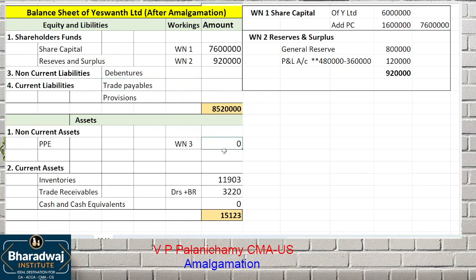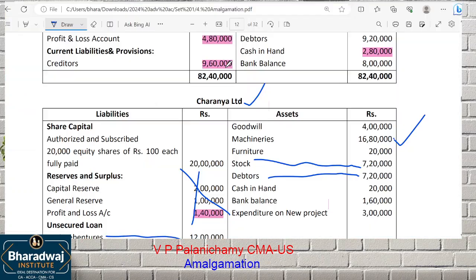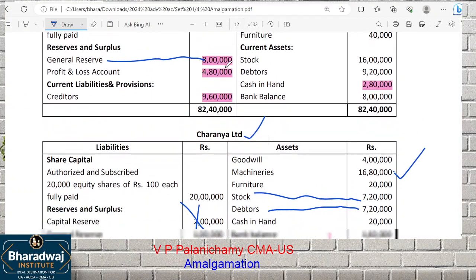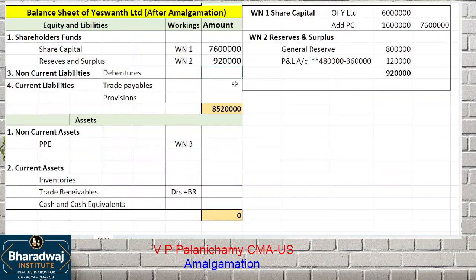Debentures will continue. Look at the purchasing company's debentures. Any purchasing company's debentures? No. Selling company's debentures continue. 12 lakhs. Trade payable is nothing but creditors of the companies.